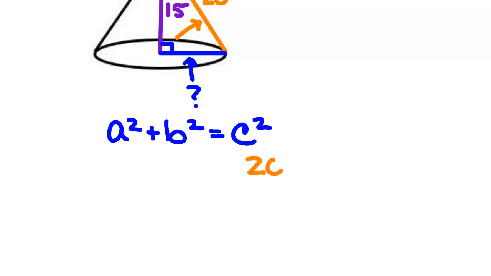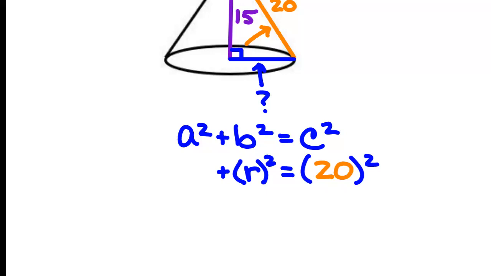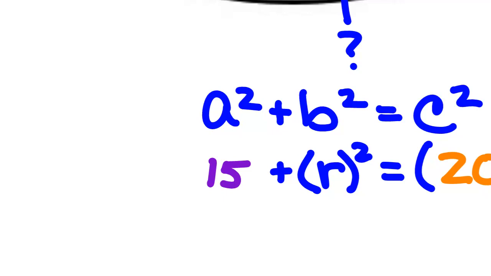So we put 20 in the place of c. So what goes in for a and for b? Radius goes in for one of them. I'll go ahead and put it in for b since I'm working backwards here. So then what would I put in for a if I put the radius in for b? 15, my altitude, my height.